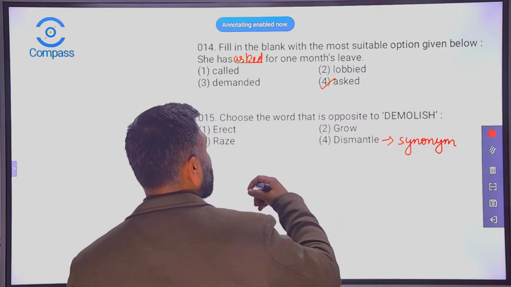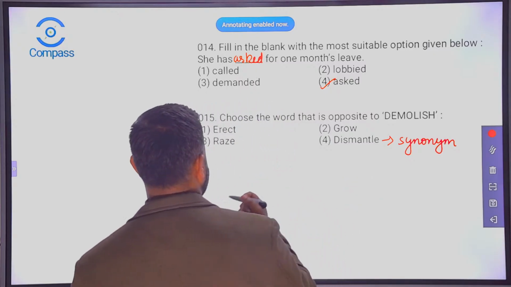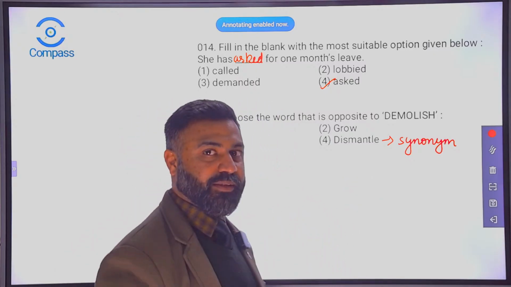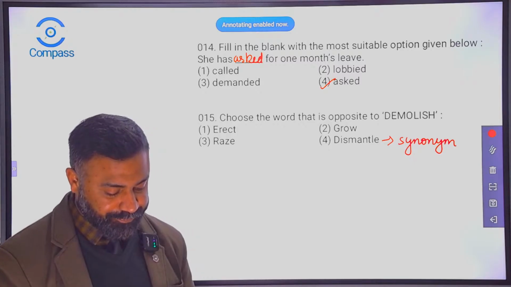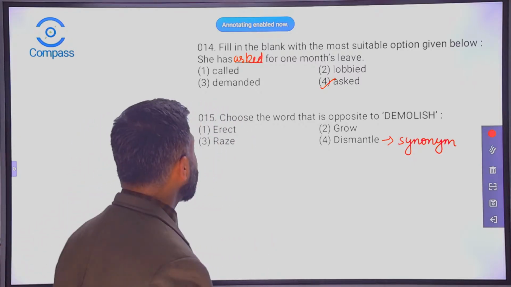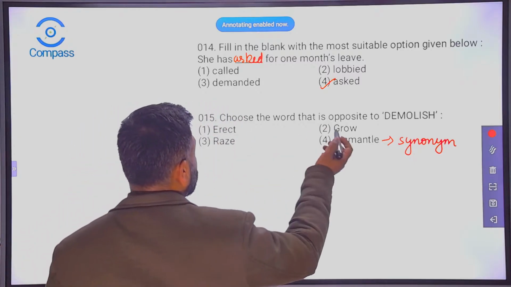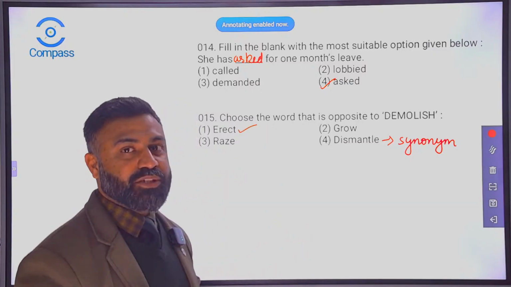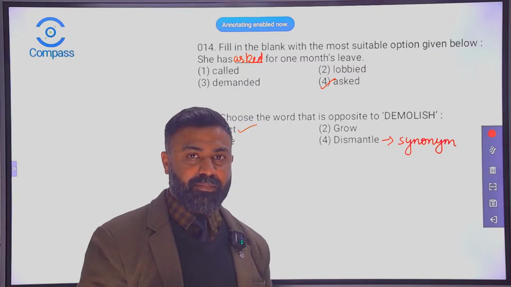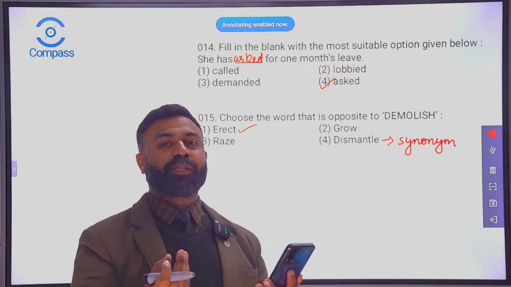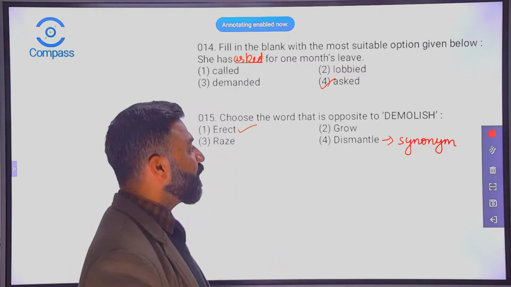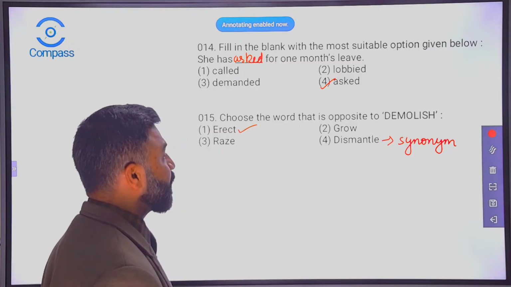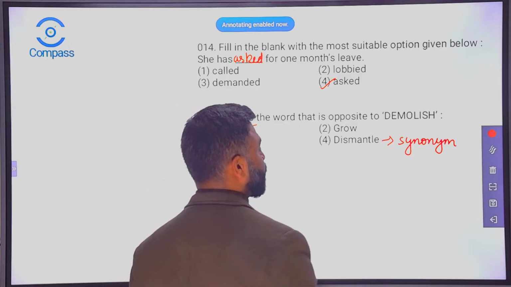Raise, grow, erect. What do you think? What should be the right answer? Okay. So opposite to demolish has to be erect. Okay. So you bring down something that is demolished, you erect something. That is the opposite of the word demolish.